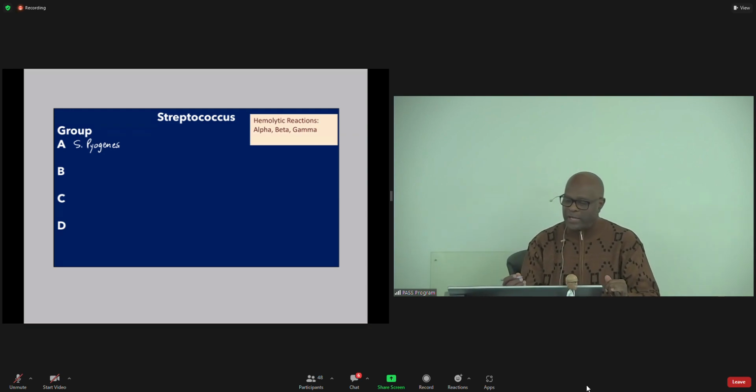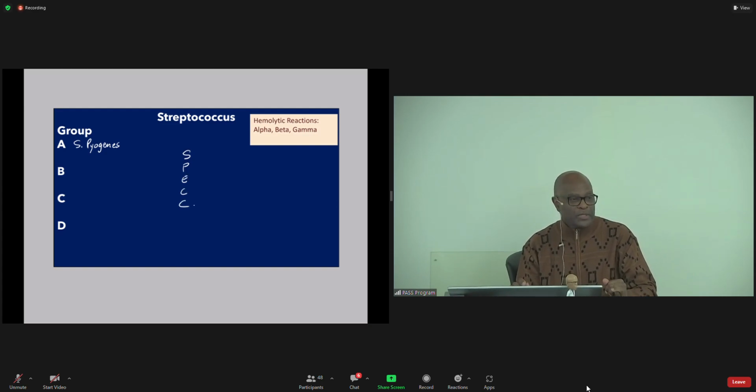Anyway, the Jones criteria, I like to use another one that I made up, SPECC. It's the same thing as Jones criteria. S is for subcutaneous nodules. P is for polyarthritis. And it's usually migratory. That's what's unique. It's just from one joint to another.